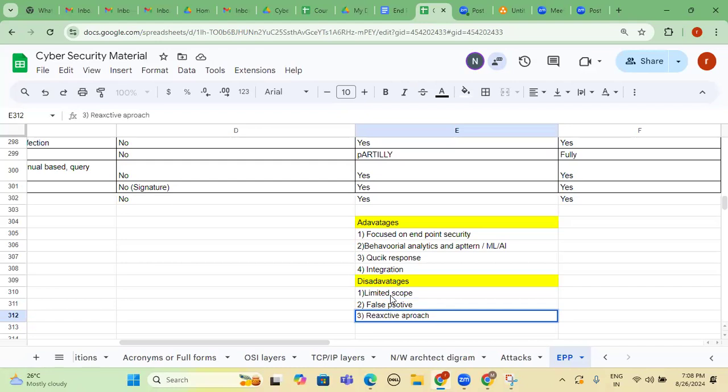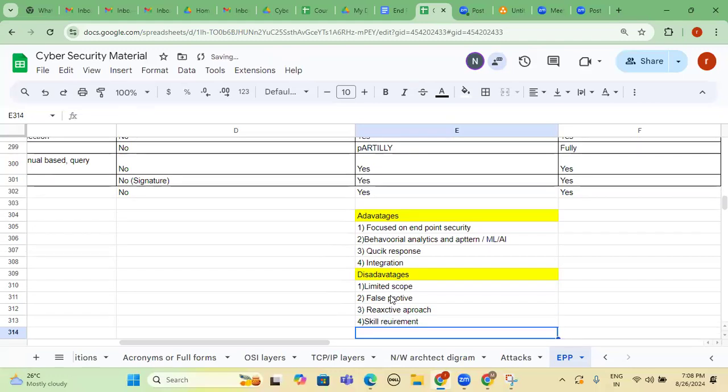In the similar way, skill requirement. Sufficient skilled people are not available in the market to take care of threat hunting capability and all those. Whenever an incident comes, they will go and do the analysis. That's all.